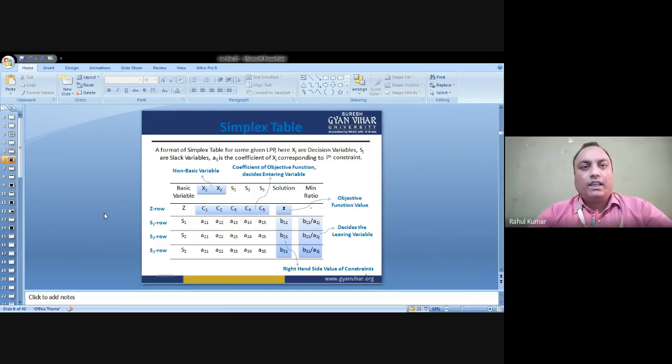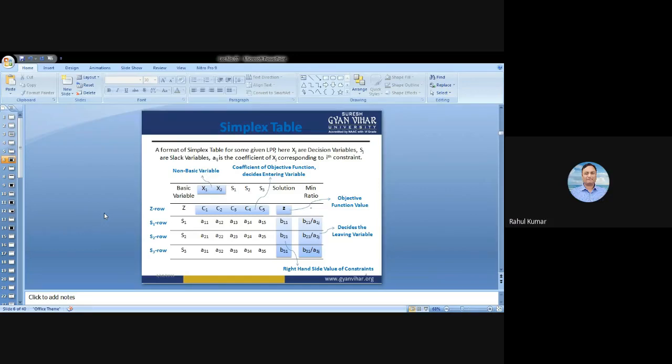Here, xj are the decision variables and sj are slack variables, meaning two types of variables are present. The first one is x, and the second variable is s. sj are slack variables, and aij is the coefficient of xj corresponding to the ith constraint.